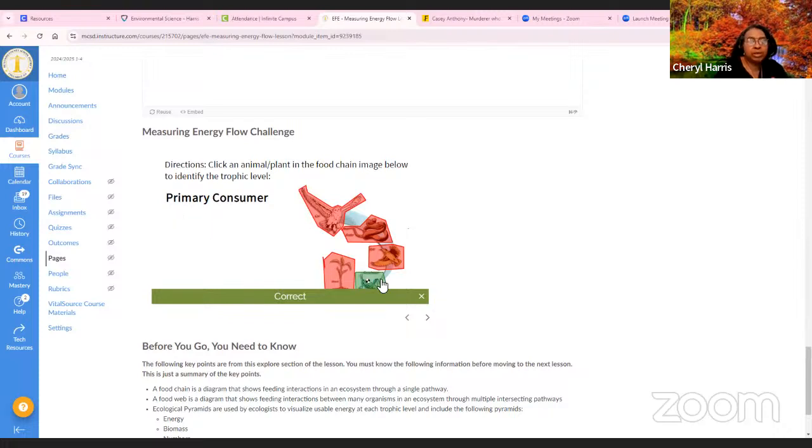The primary consumer would be the grasshopper. The producer, the thing that's highlighted in green is your producer. I don't know why mine is saying incorrect, but the producer is in green.